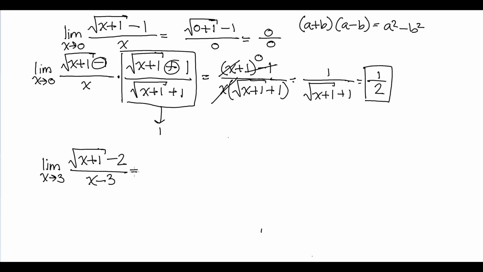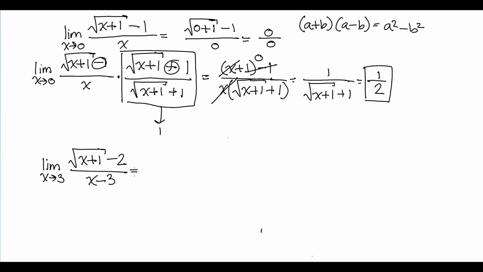If we do direct evaluation, you would get the form 0 over 0, because in the numerator, 3 plus 1 is 4, the square root of 4 is 2, minus 2 is 0, and the denominator, 3 minus 3, equals 0. They're both 0, which means it's indeterminate. You can't really determine the answer.